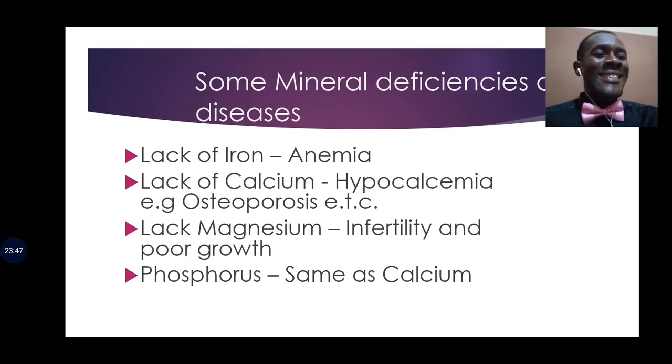So make sure you eat natural things. Avoid processed food. They lack a lot of these vital nutrients that you need. Avoid processed meals, all these meals they sell in shopping malls that have had a lot of nutrients removed. Go for fresh vegetables and fresh fruits. They contain a lot of what you need for your balanced diet.